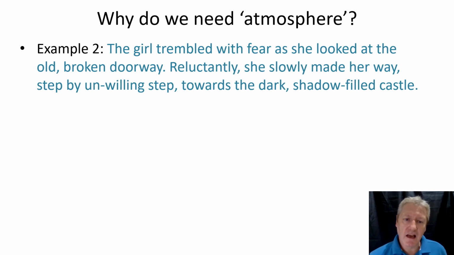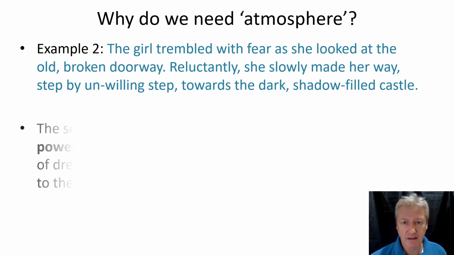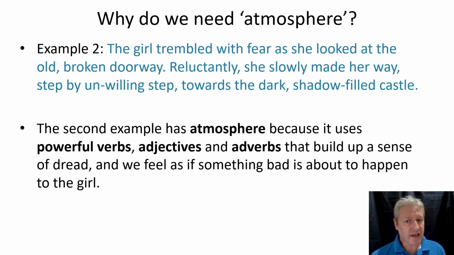Try this one. The girl trembled with fear as she looked at the old broken doorway. Reluctantly, she slowly made her way, step by unwilling step, towards the dark, shadow-filled castle. Now this second example has a lot of atmosphere because it uses powerful verbs like trembled, and it's got some very good adjectives, well, even simple ones, old and broken doorway.